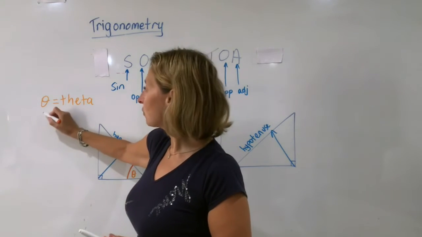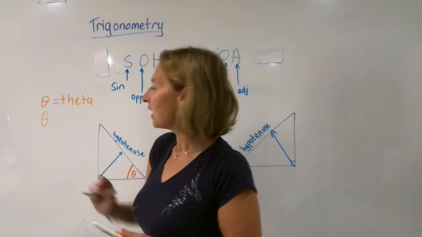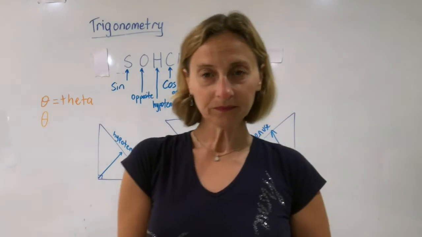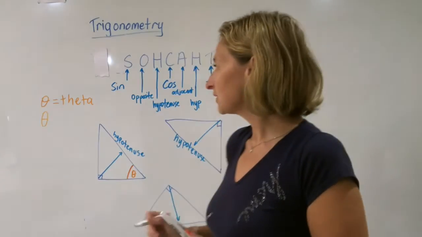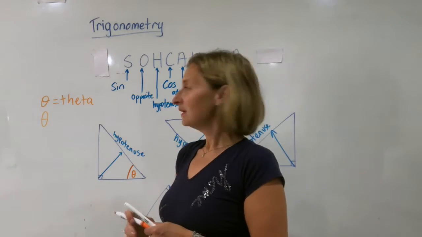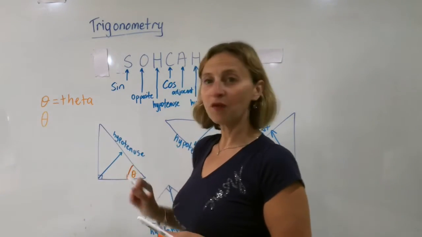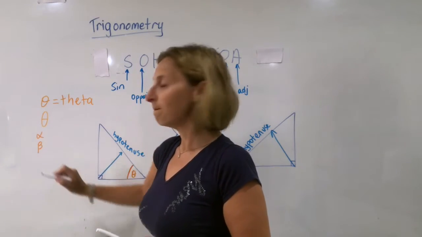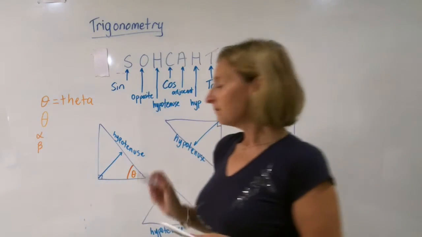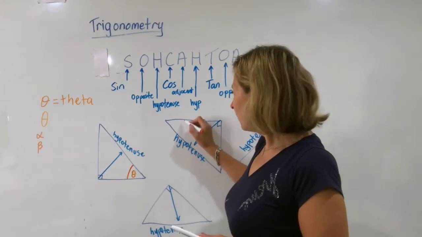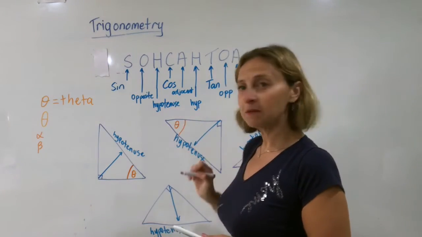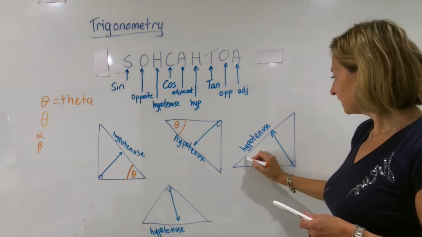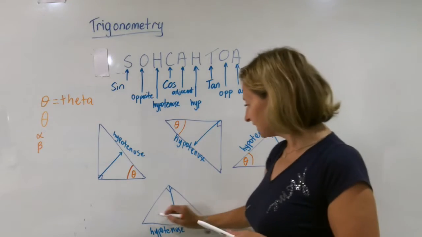And the easiest way to draw it is to just put a circle with a little line through the middle. It's a Greek letter, and usually we use theta for angles. Sometimes you might see books use alpha or beta, but usually it's theta. We can label different angles theta depending on the triangle. Theta, talking about this angle over there.